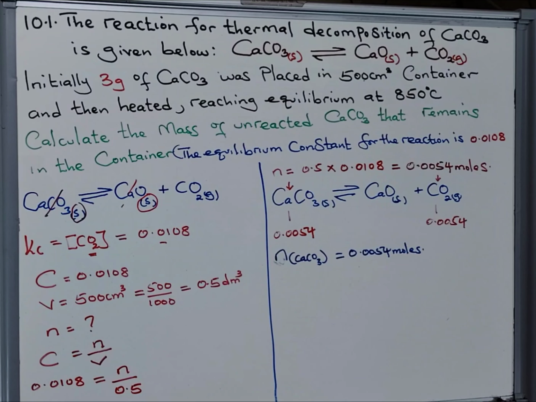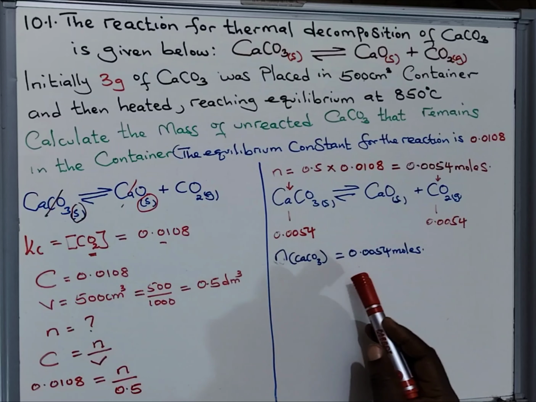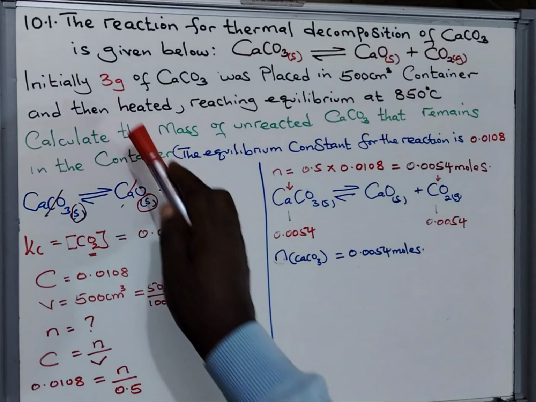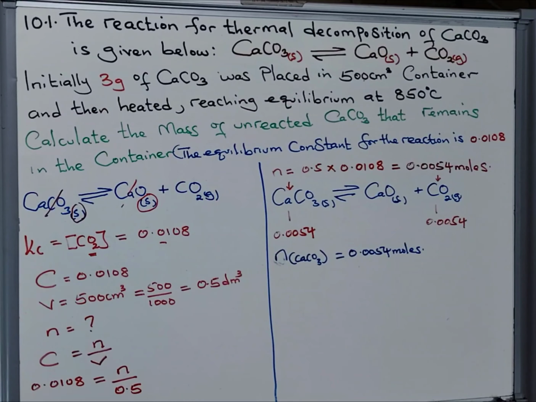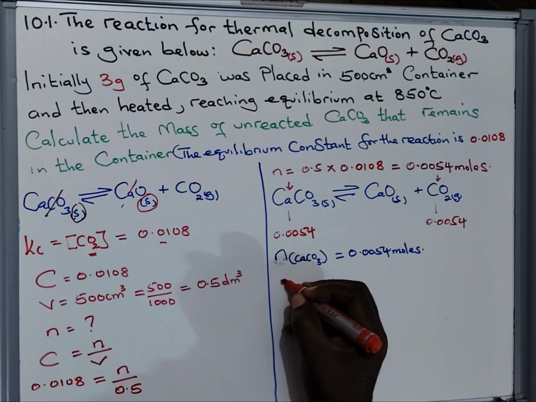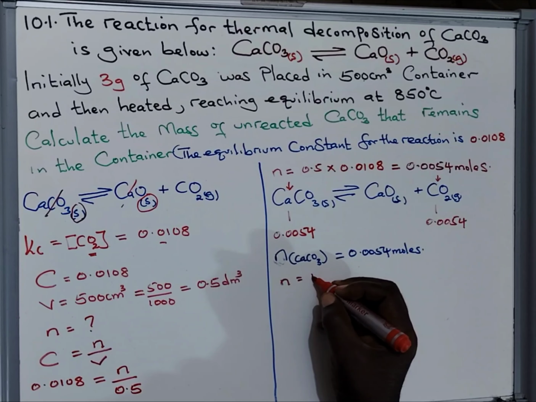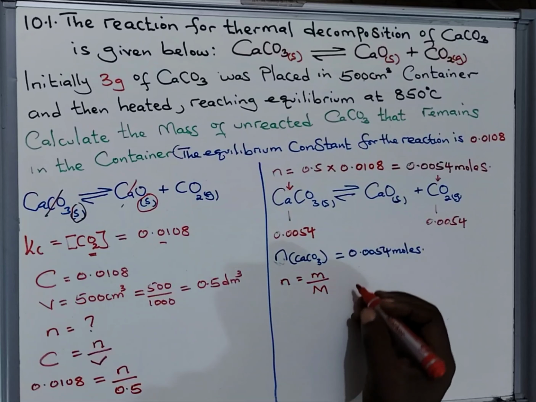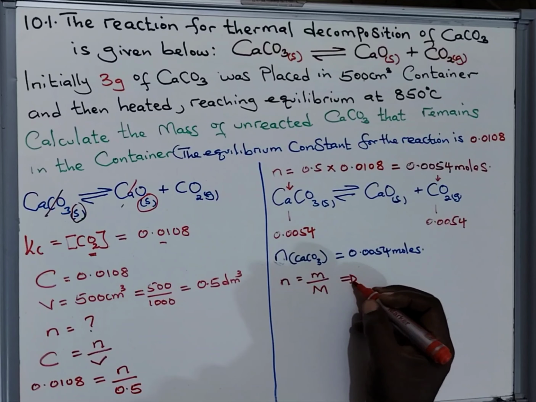So what do we do with that? After getting this, we can convert this number of moles to mass, because we are given mass. The equation says that n is equal to mass over molar mass. What does that mean?